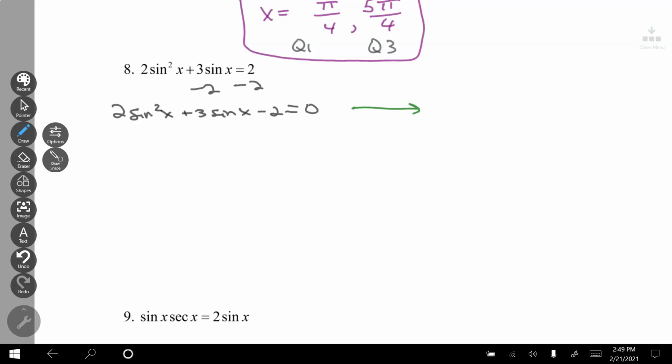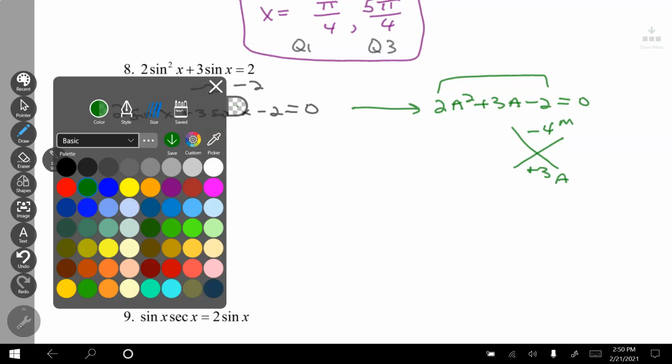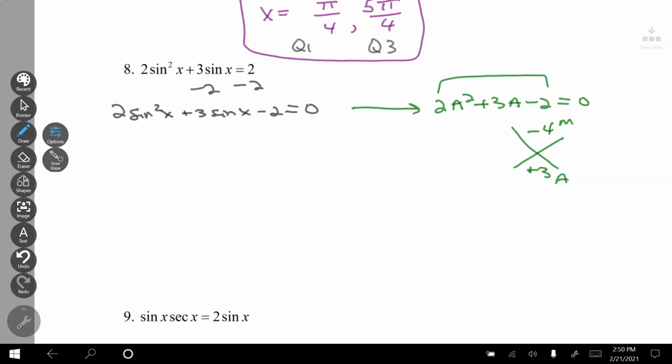Instead of doing it with sines, I'm going to rewrite it as 2a squared plus 3a minus 2 is equal to 0. I'm going to set up my little x. Negative 4 is here. I'm going to multiply to that, and positive 3 is on the bottom. I'm going to add to that. Let me think.